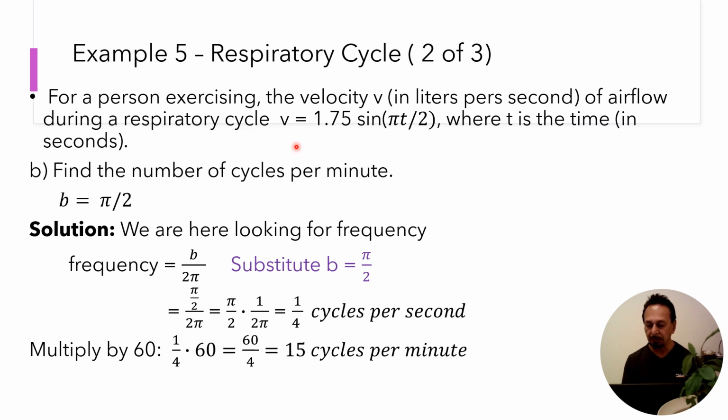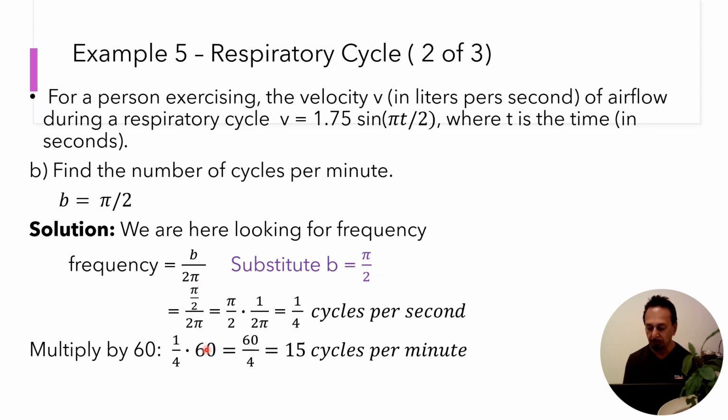For a person exercising, the velocity of airflow is given. Now find the number of cycles per minute. So b is equal to pi over 2. We're looking for a frequency. The frequency is b over 2 pi. We substitute b is equal to pi over 2.